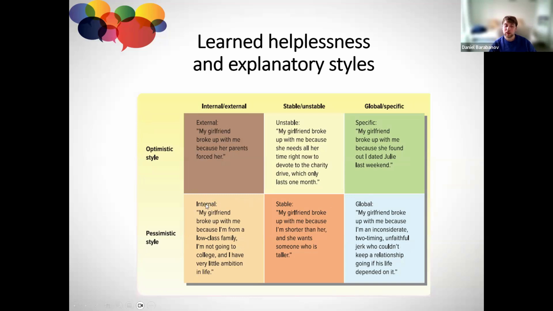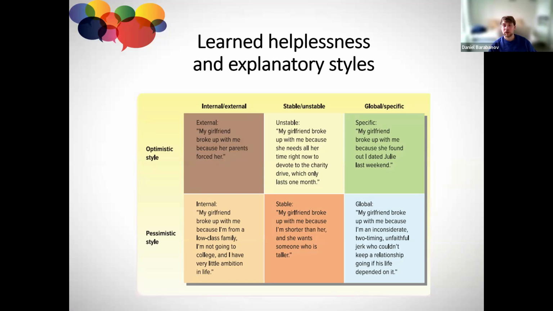So a person with optimistic style probably will get through this situation faster with lower risk of depression. But a person with pessimistic style, on the bottom of this page, right? So probably will have a hard time. So you should pay attention to that.